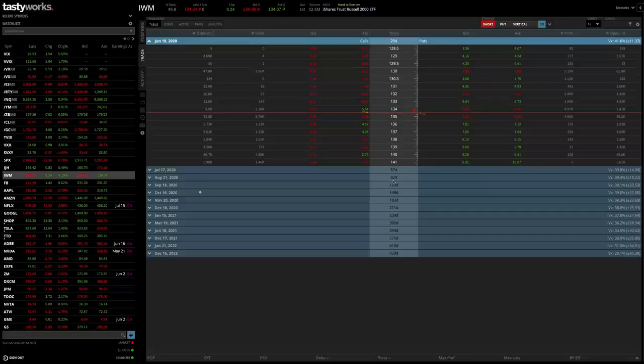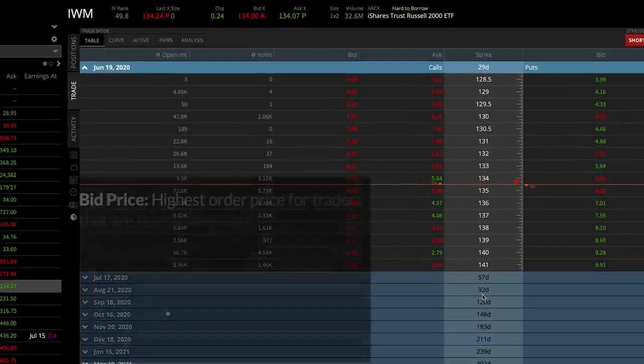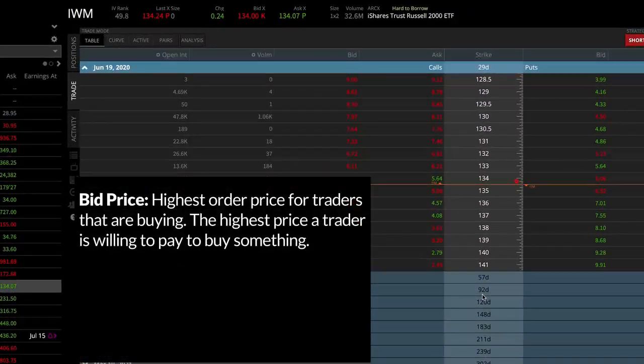So every stock, every future, every ETF, every option has a bid and ask price. So the bid price is the highest price somebody is willing to pay to purchase something. So right here we can see that the bid price for a share of IWM is $134.